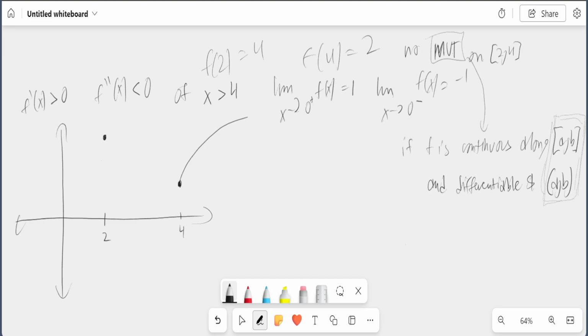And then how do you know if the slope is decreasing? That's f double prime, which means the concavity. The double prime is the rate of change of the rate of change, or the rate of change of the slope. So if this is less than 0, that means the slope is decreasing.